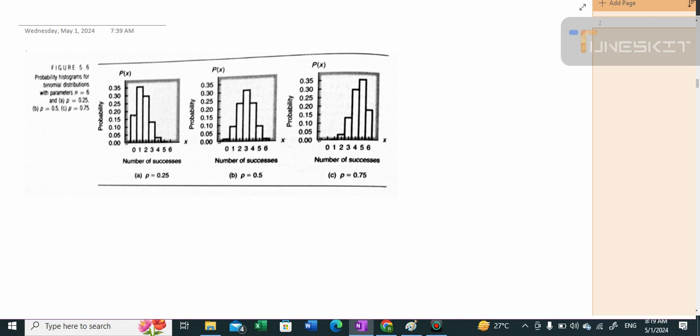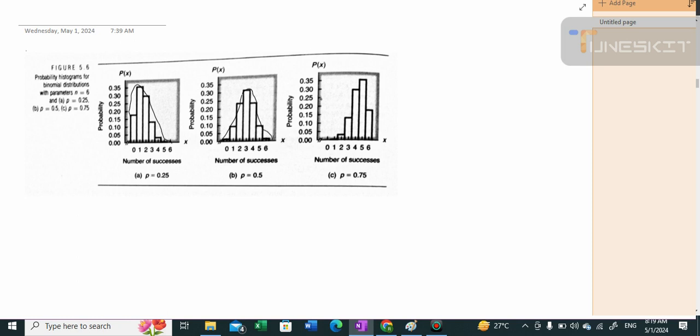It is clearly a positively skewed distribution that you can see. If p has a value 0.5, this is a symmetrical shape.